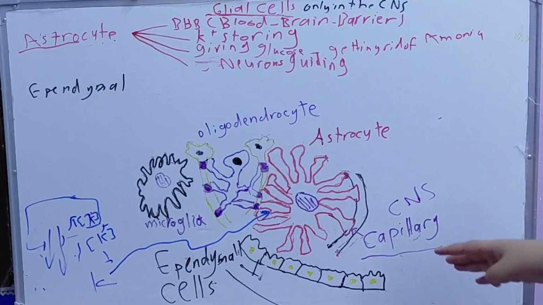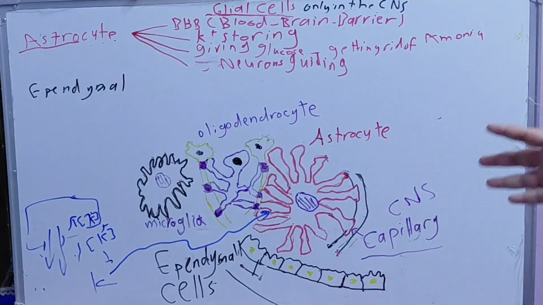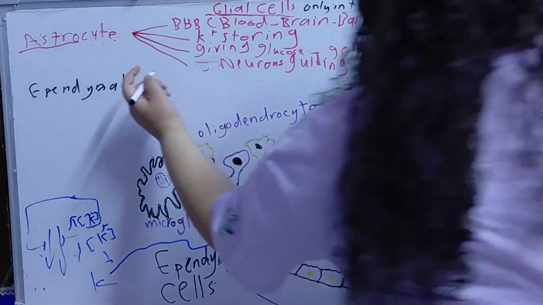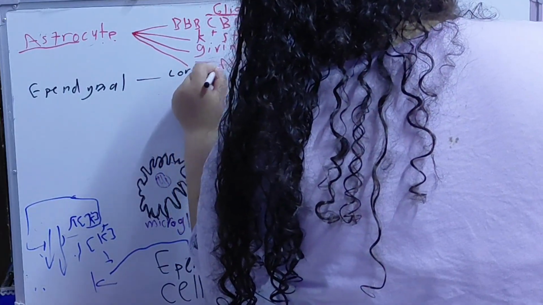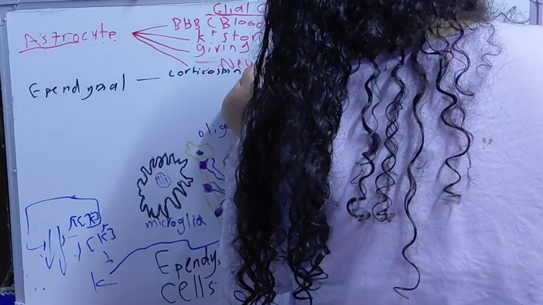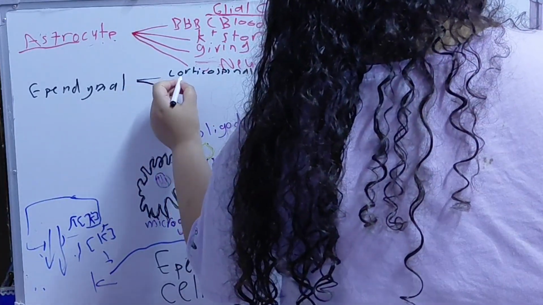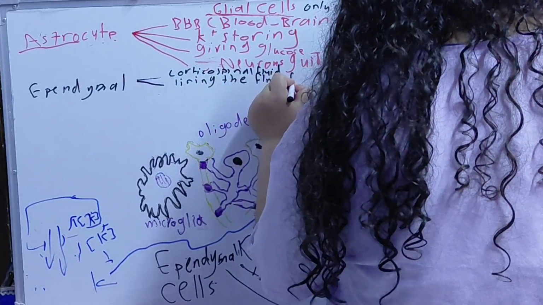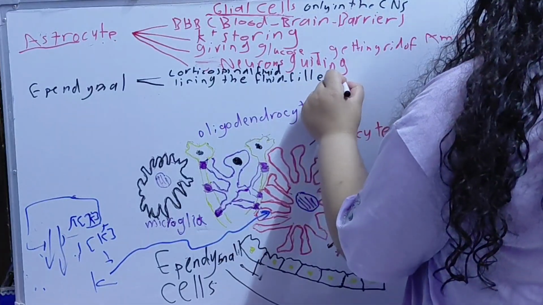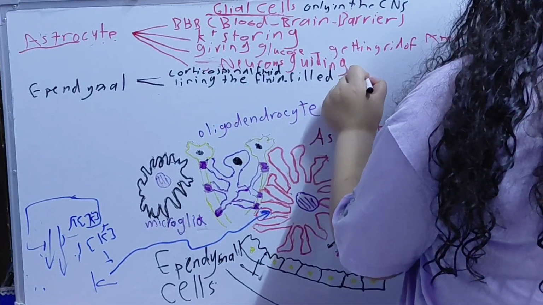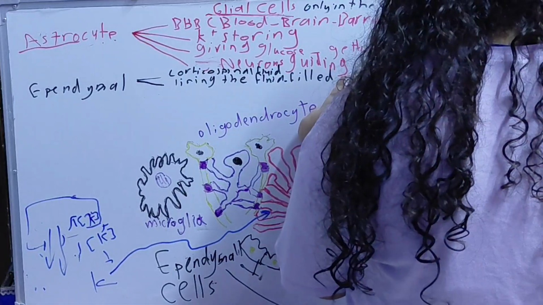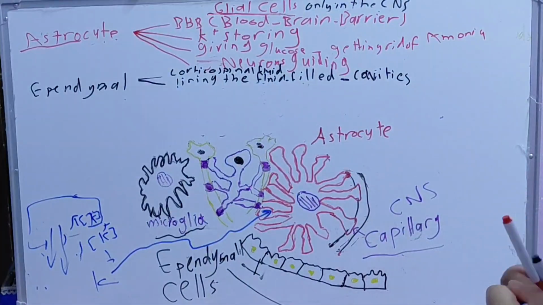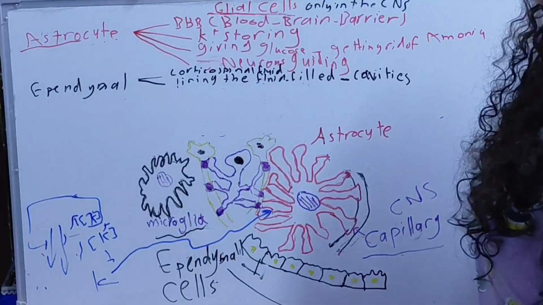So they line the fluid-filled cavities inside the spinal cord and the brain, and they also regulate the production of the corticospinal fluid, which will be described later. That's all what we need to know about ependymal cells right now.